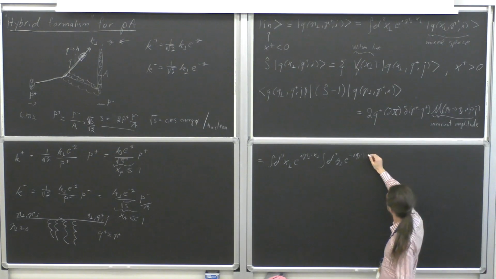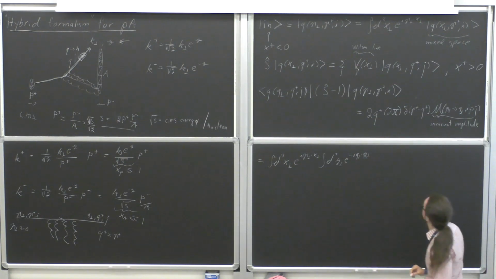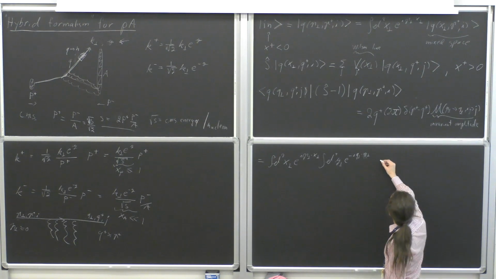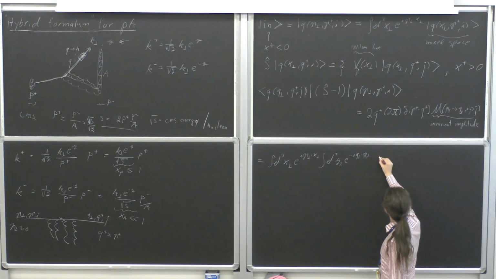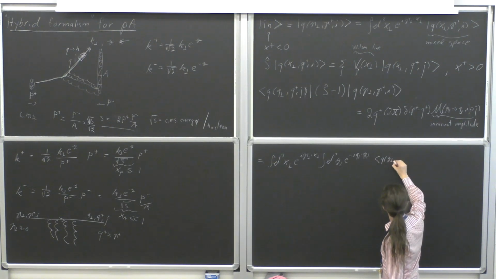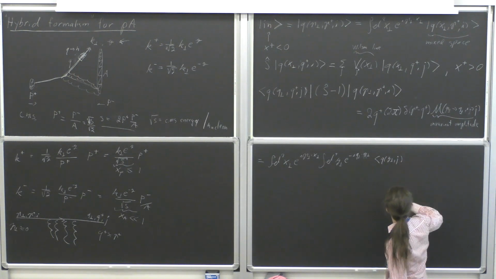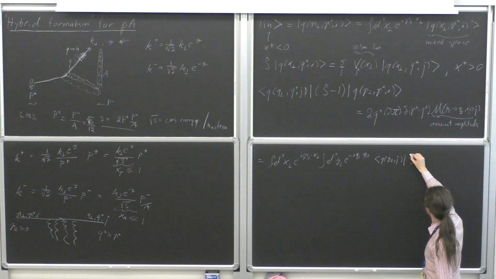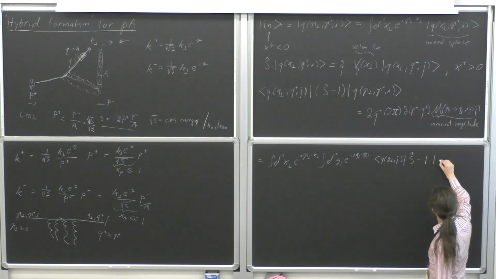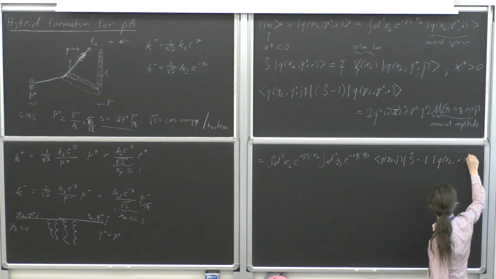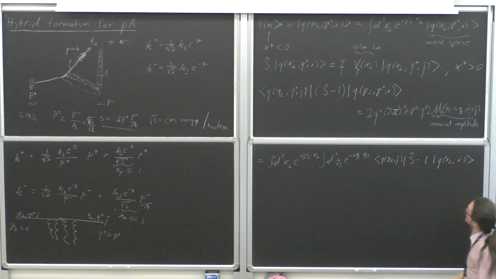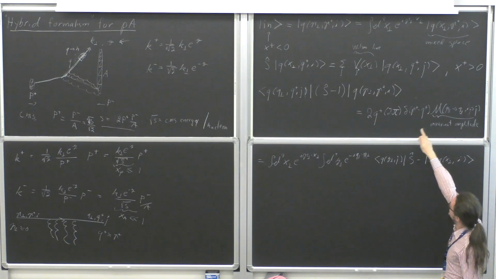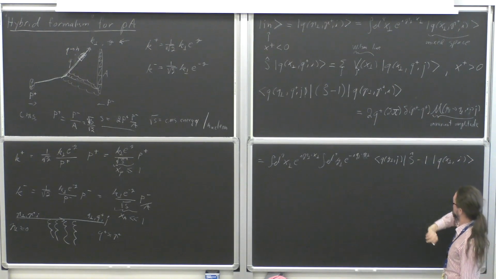Y perp, yes, thank you. And then I have a quark with y perp and color J, I'm shortening the notation a little bit, S hat minus 1, and a quark with x perp and color I. Right? And then I know what my S operator does to coordinate space states.